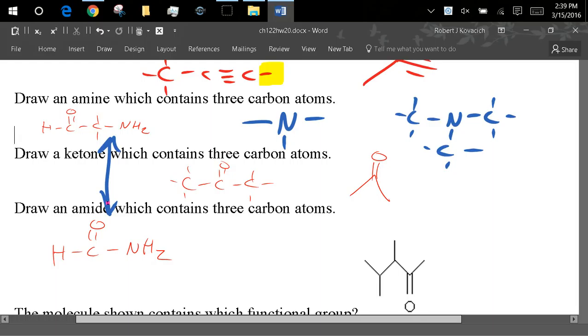More. And the second one, the nitrogen is directly attached to the carbonyl carbon. And the one on top, it's not directly attached to it. So the one on top is the amine, and the one on the bottom is the amide.